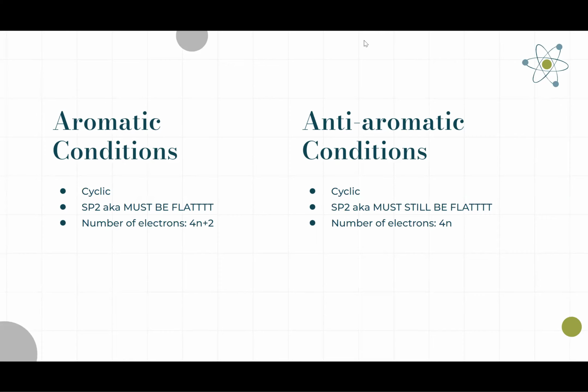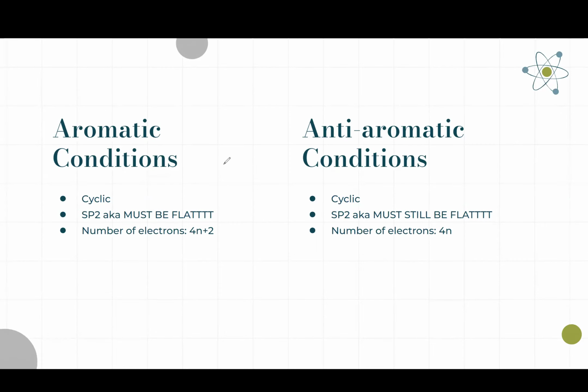So for example, if we draw aromatic, a benzene ring like so, and we will draw anti-aromatic, which is this cyclobutadiene with two double bonds. What's going to happen is we draw it in a circle, and we always want a point at the bottom.